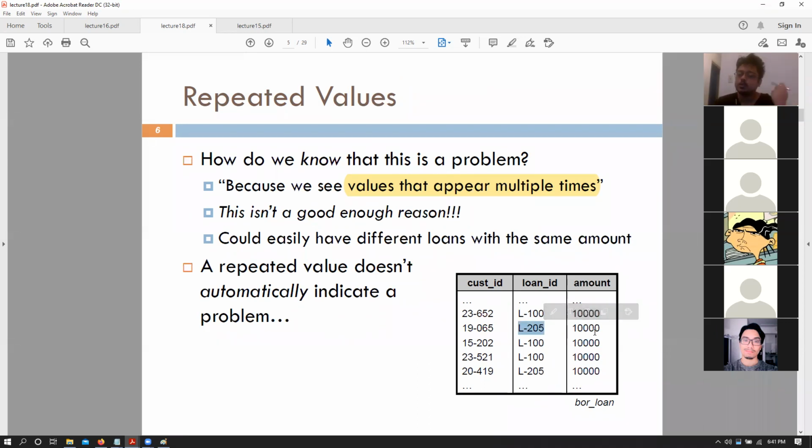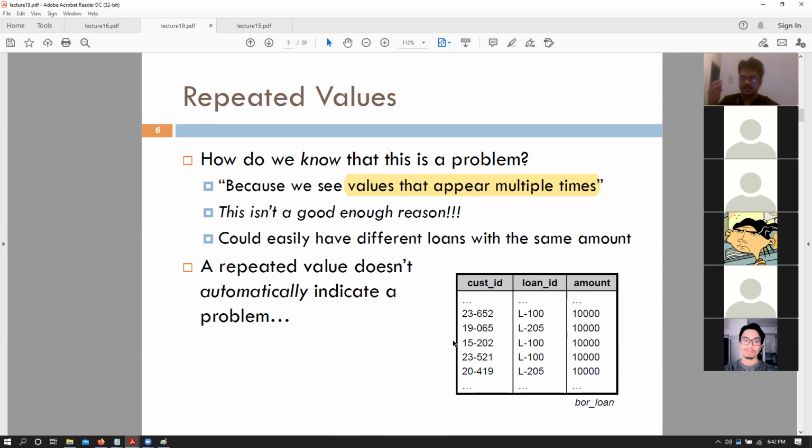L205 also happens to have $10,000 loans that is shared between 2 people. But not all duplicate values for 10,000 are actually redundant, right? $10,000 for all L100 accounts are redundant values. $10,000 for all L205 accounts are all redundant values.